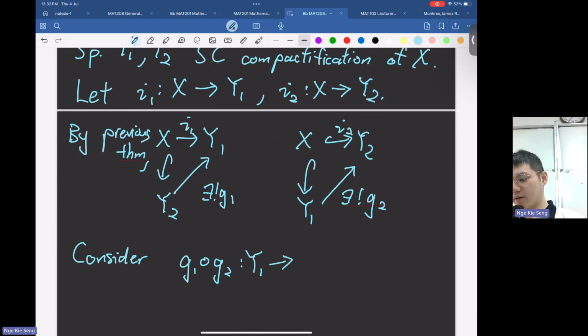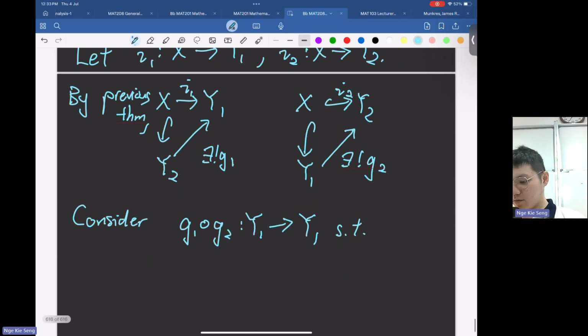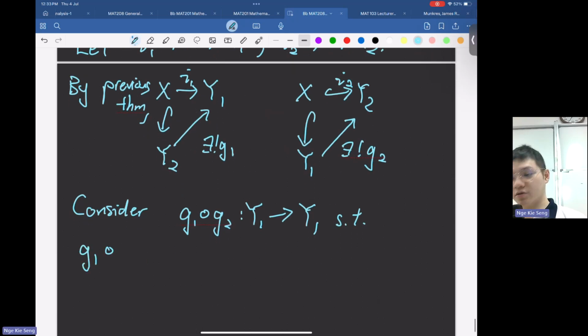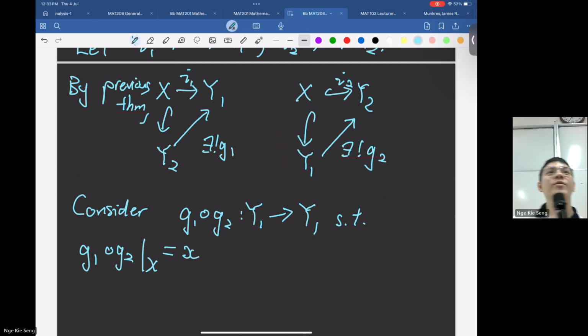Y1 to Y1. Good. But what property does this have? G1 on G2 evaluated at X, you get, because it's just inclusion, the identity on X. There's an obvious map from Y1 to Y1 that does this: the identity map.